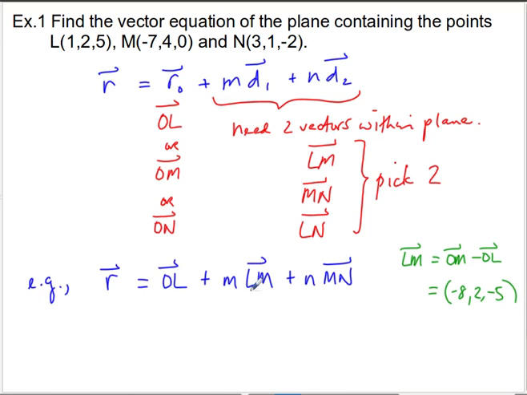And similarly, the vector MN is the vector ON minus the vector OM. And so from there, I end up with 3 minus negative 7, which gives me 10, and 1 minus 4, which gives me negative 3, and negative 2 minus 0, which just stays as negative 2.